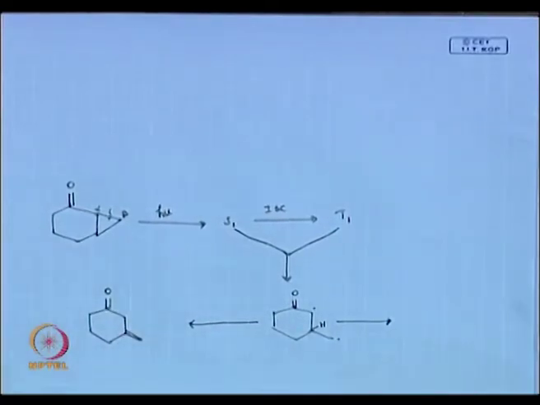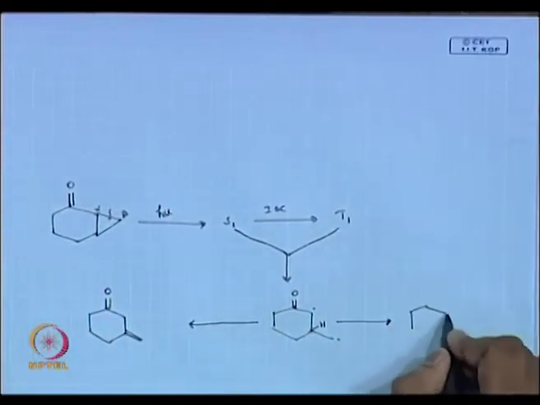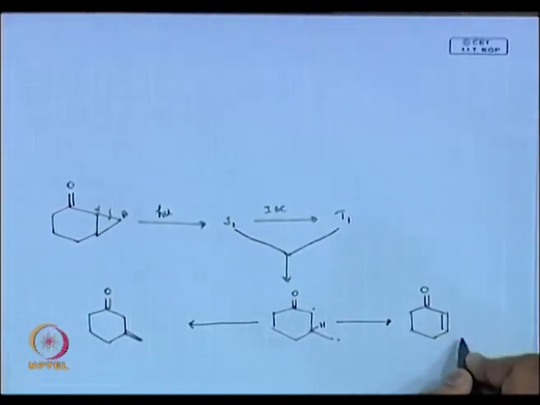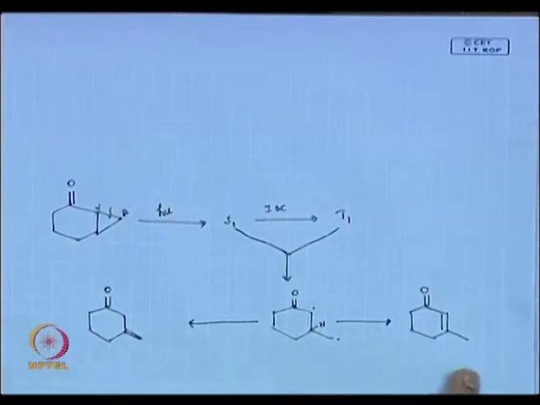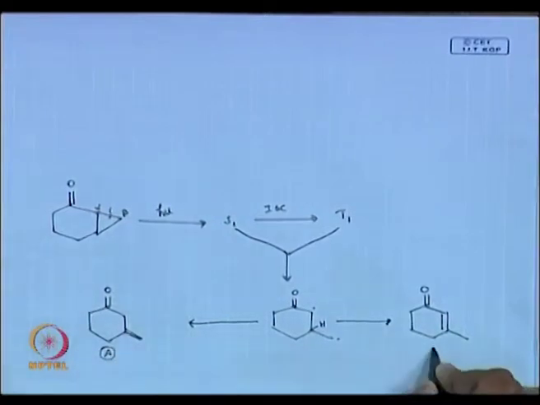Or I should get a system like this, a nice alpha beta enone. Now, among these, which will be formed? We can call this A and call this B. You can clearly say B will be formed as the major product.